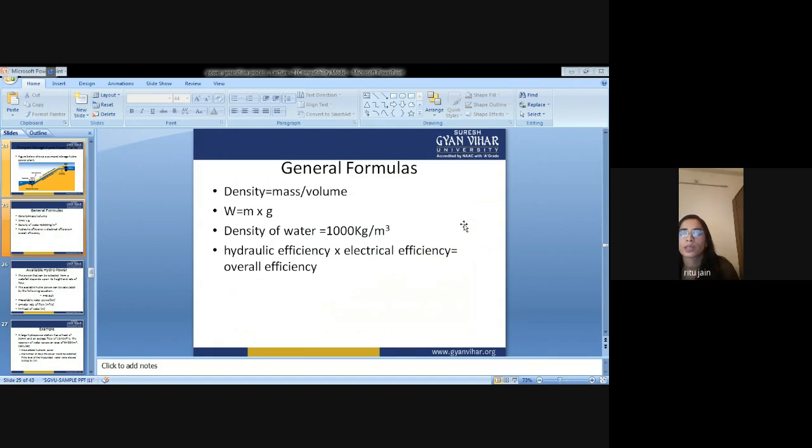Density is equal to mass upon volume, and weight is equal to mg, mass into gravitational acceleration. The density of water is 1000 kilograms per meter cube. Hydraulic efficiency times electrical efficiency is equal to overall efficiency.